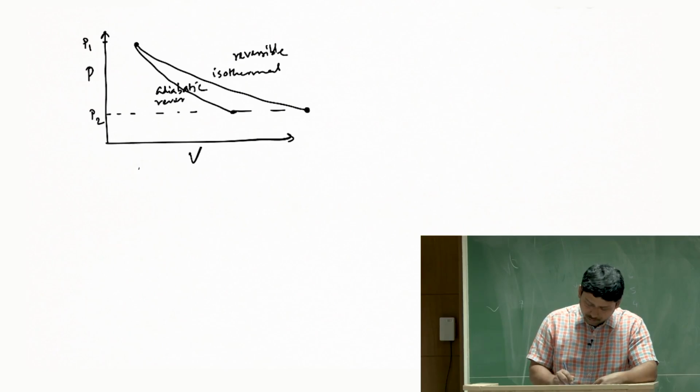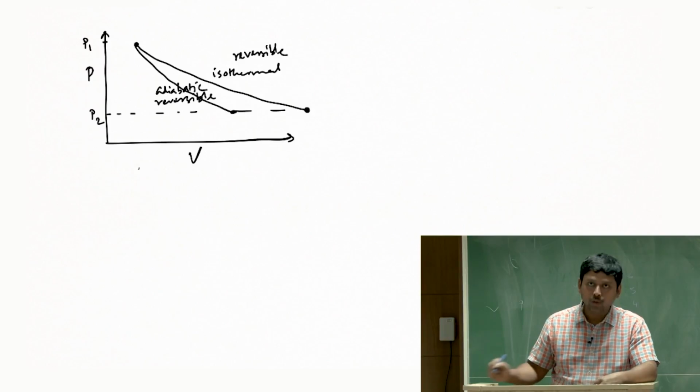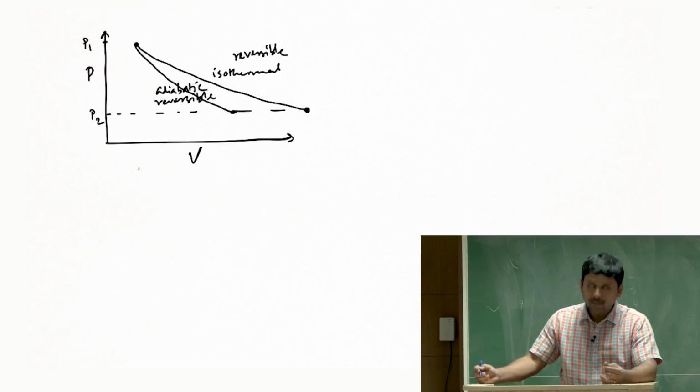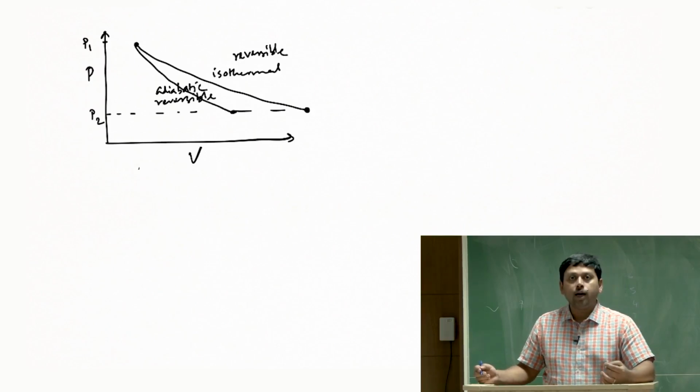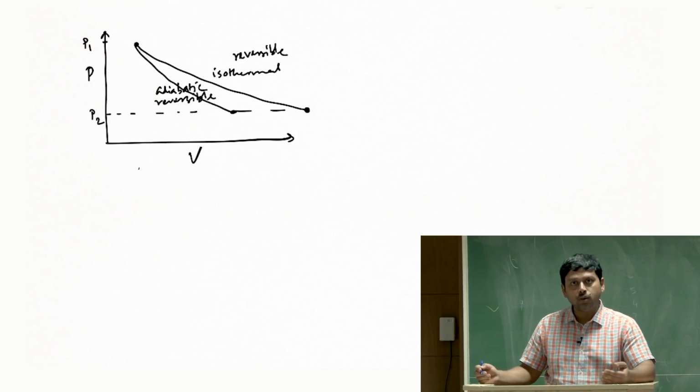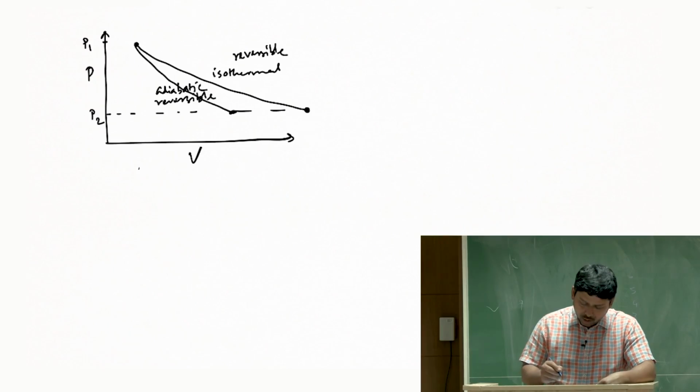Now, we would like to know what the work done will be for an irreversible adiabatic process, given that the final pressure is P2, the same as in the reversible process as well. So, let us say that for a reversible process the final volume is V2, but for an irreversible process let us say the final volume is V2 prime.